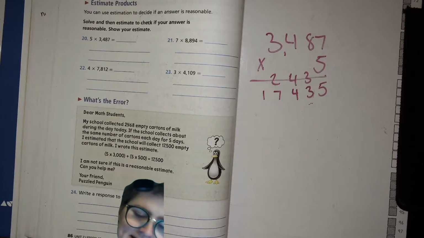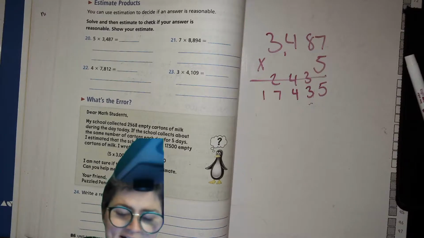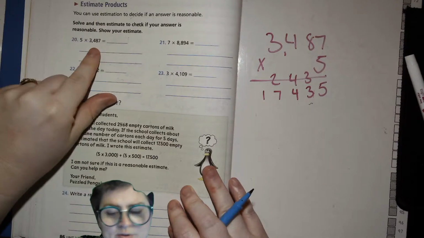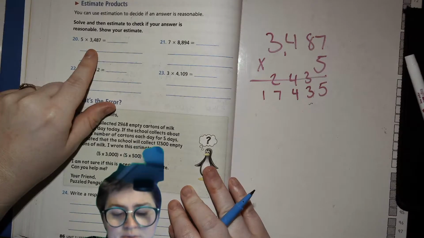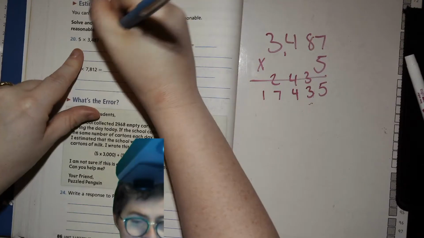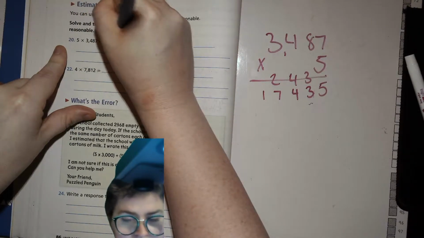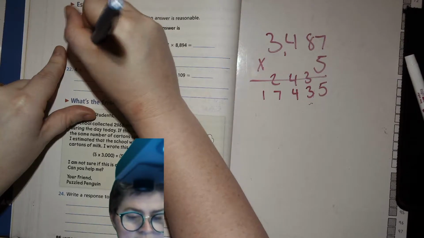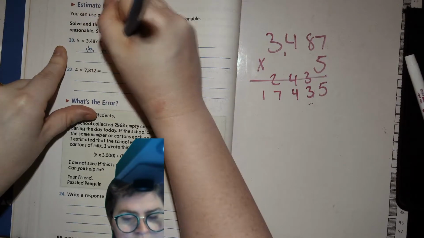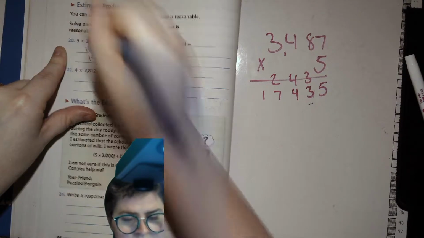So we're getting 17,435. And if you were going to do times 3,000, it should be more than 15,000. So 17,435. 18,000. Okay.